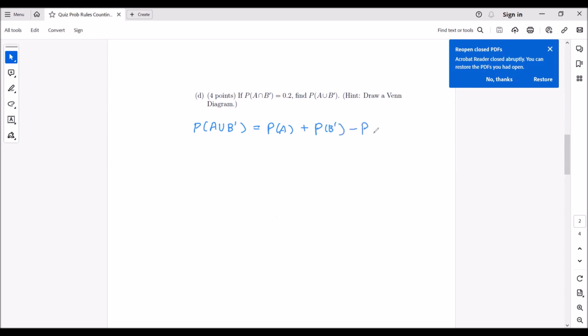Minus the probability of A. So the probability of A is 0.6, and for B prime we use the complement rule: 1 minus 0.7 gives 0.3. Then we are given the 0.2 here. That's 0.7.